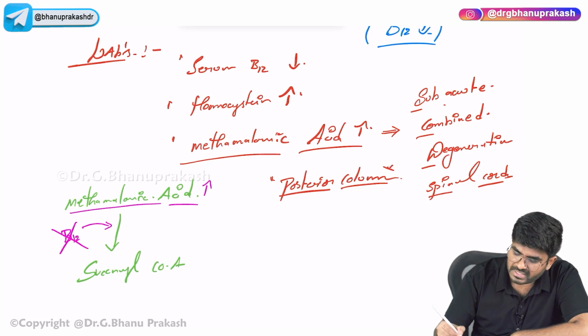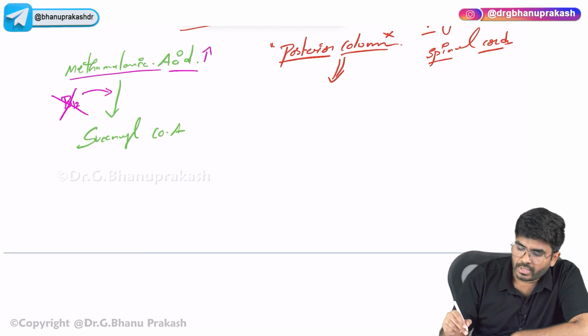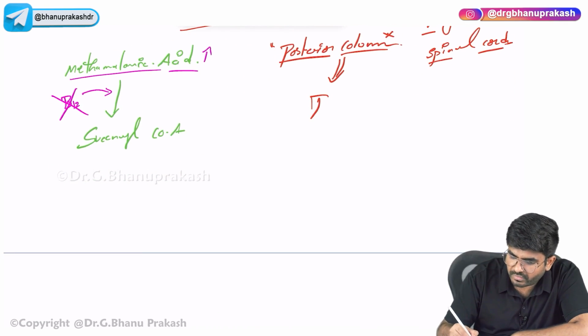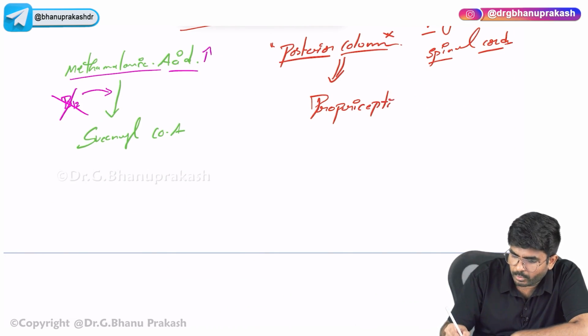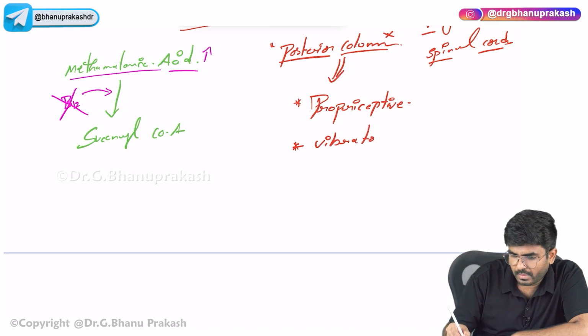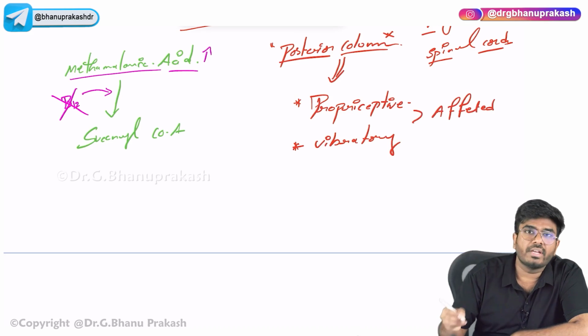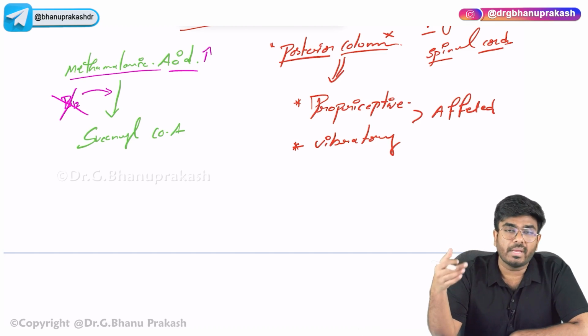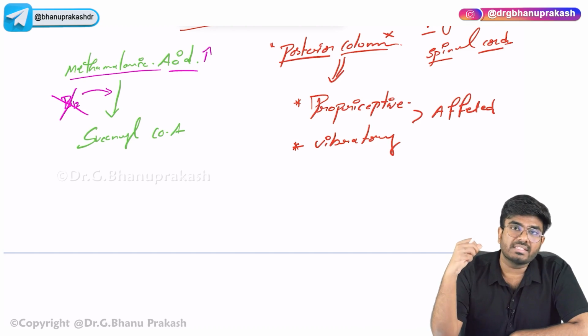So as the posterior column is getting damaged, the patient is going to have loss of proprioceptive information and vibratory senses are affected, because you know the posterior column of the spinal cord is highly myelinated. Because of the accumulation of methylmalonic acid, the posterior column is mainly affected.